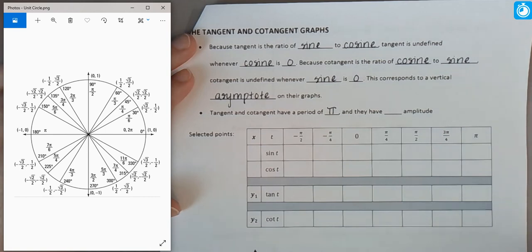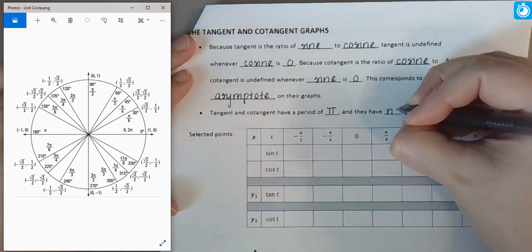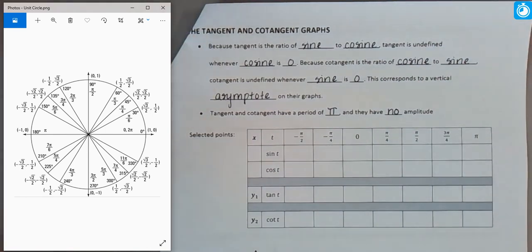But as with cosecant and secant, they also have no amplitude. We're going to find from these graphs that they continue indefinitely in both directions. They increase without bound, they decrease without bound, so they don't have an actual wave height, they don't have a defined amplitude.